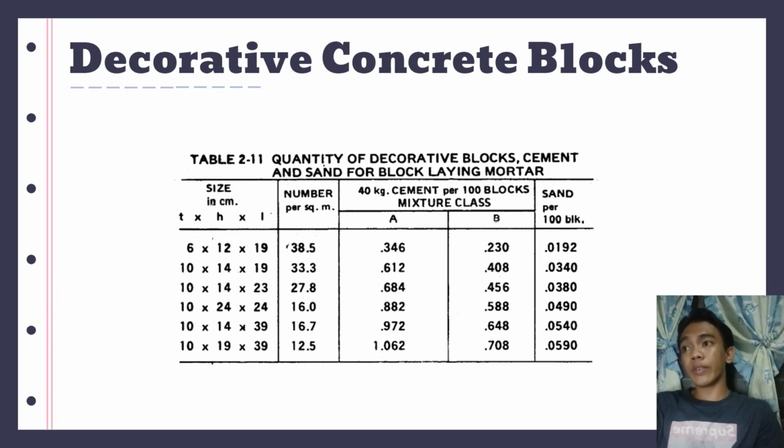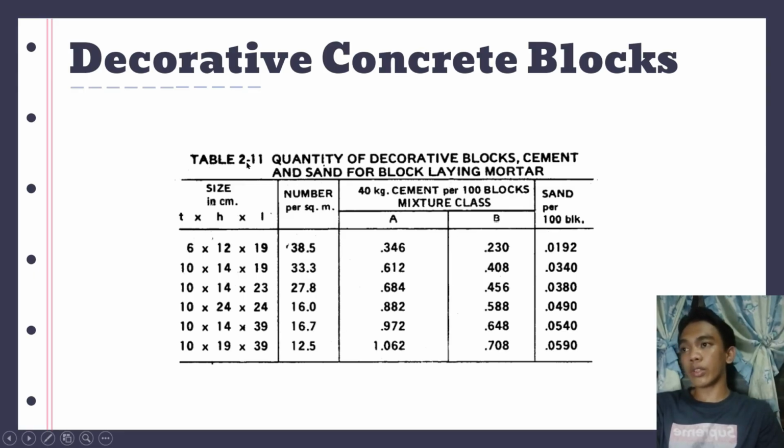But still we are given a table on how we can calculate the said quantity, and it is the same way we calculated our adobe stone masonry. We are given multiples in the table.